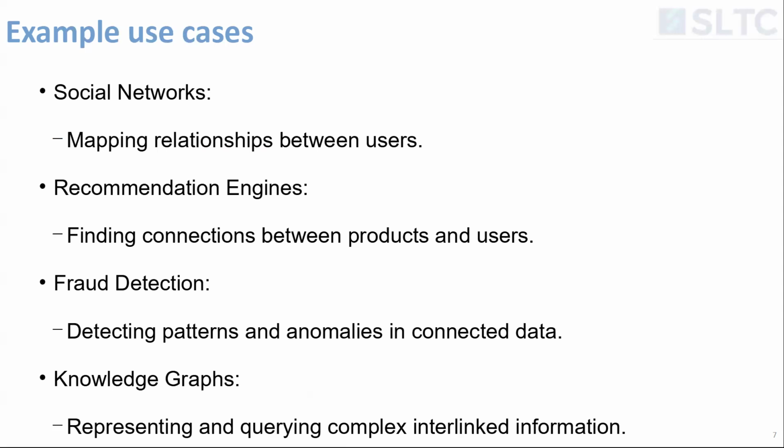Let's say I buy a laptop, it'll also say people who bought this laptop also bought this laptop case or keyboard cover or extra battery, something like that. So how does it recommend me these things?